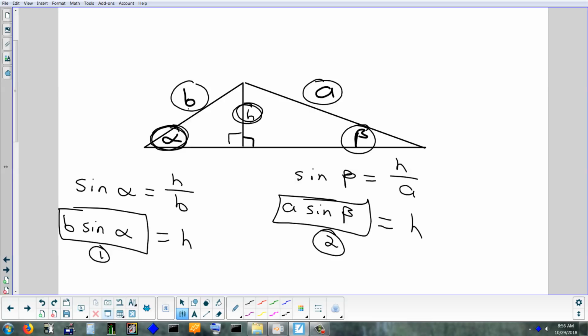What does that mean? If box 1 gives me a formula for h and box 2 gives me a formula for h, that means... I don't have this in nice terms, but pretty much no matter how much you go up by beta or alpha, you're going to go down by alpha by A or B. You should get what I mean.